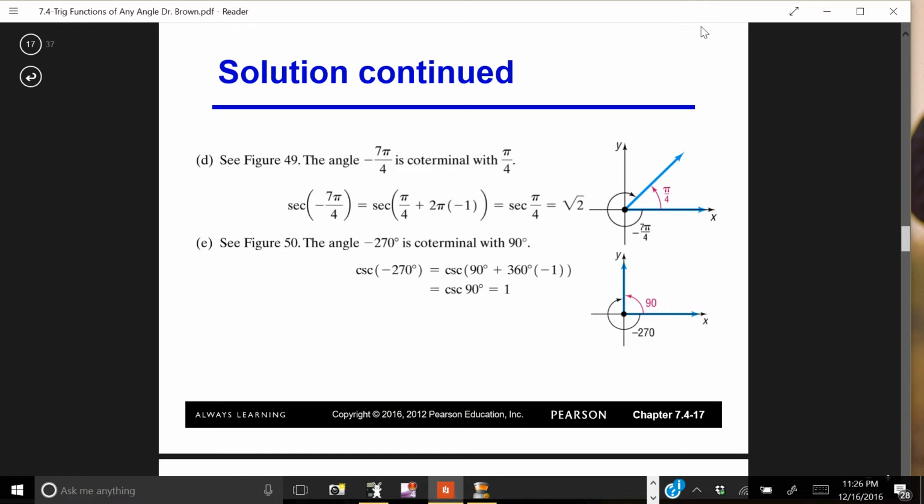Now, let's take minus 7 pi over 4, which is going around this much.